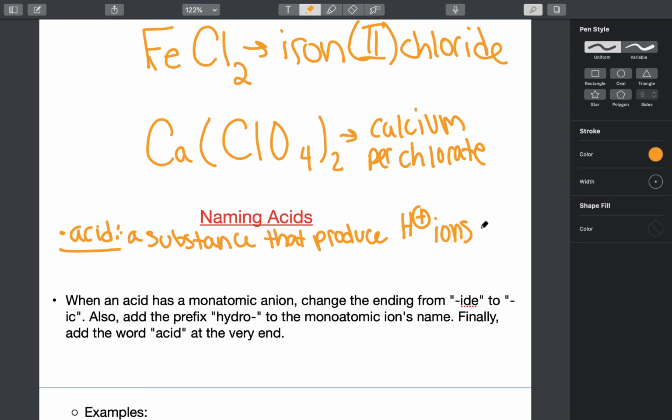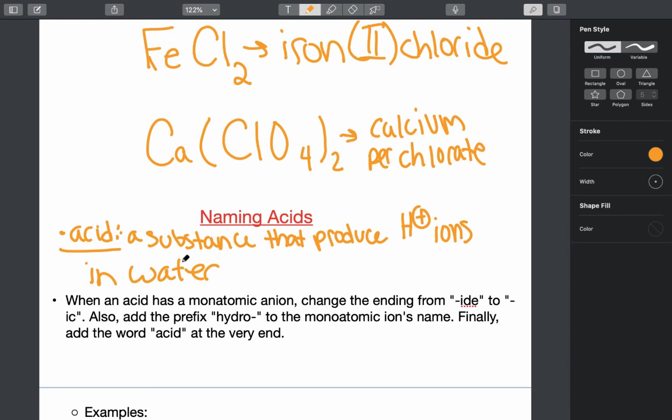So it's a substance that produces hydrogen ions in water. That's all you need to know about an acid for right now. You're going to get way more into acids when we get into general chemistry 2, and I think a little bit in general chemistry 1.